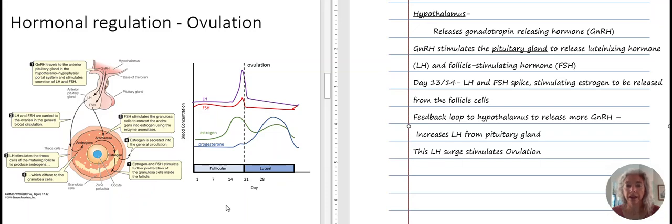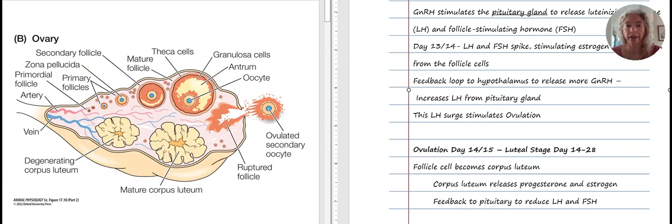And we can see that here on this graph, we have pretty consistent levels of luteinizing hormone and follicle stimulating hormone. Those are going to surge, and then those are going to stimulate more estrogen being released, which will then trigger ovulation.